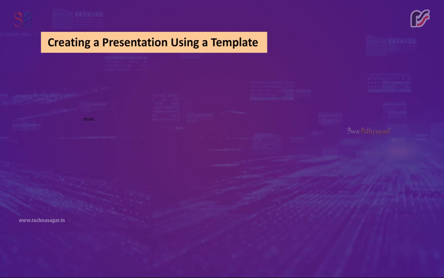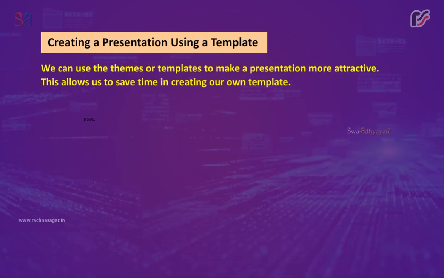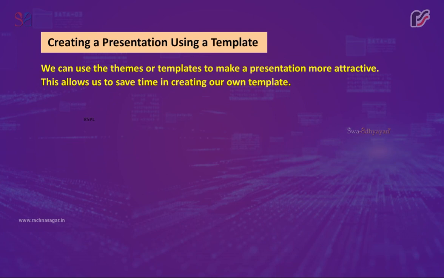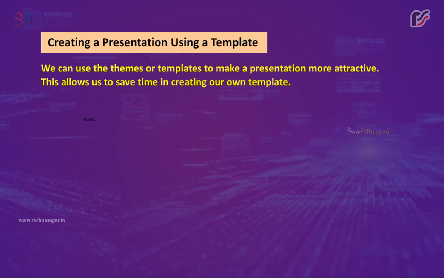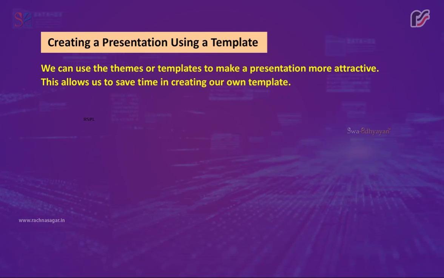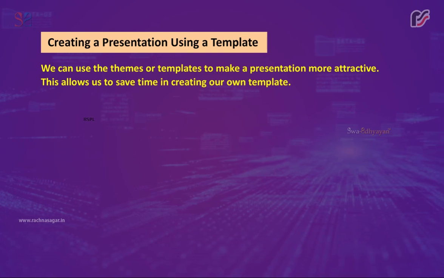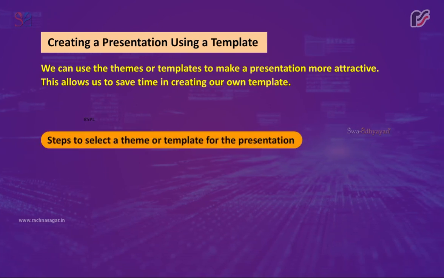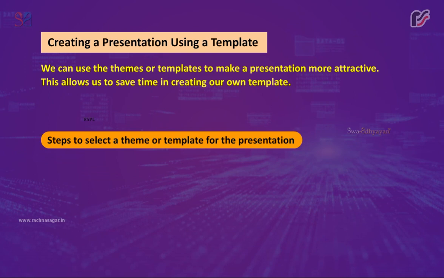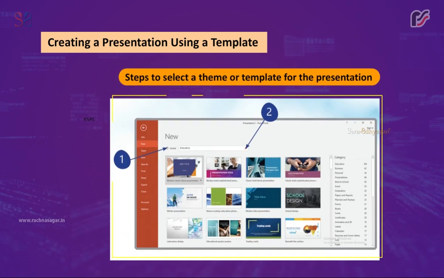Creating a presentation using a template. We can use the themes or templates to make a presentation more attractive. This allows us to save time in creating our own template. Steps to select a theme or template for the presentation. 1. Type a theme name in the search box. 2.